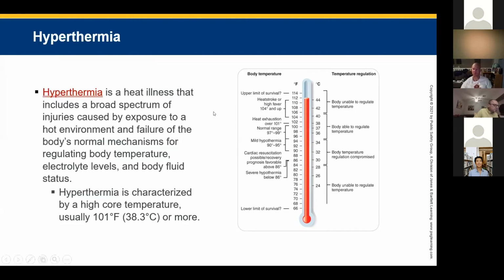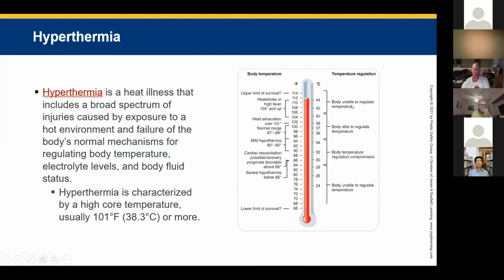So remove yourself from the element. That is really the objective there. Mild hypothermia. Let me see, heat exhaustion, normal range is from, as you can see, cardiac resuscitation as you go down, mild hypothermia, cardiac resuscitation, and severe hypothermia. So the body's unable to regulate when you have heat stroke.